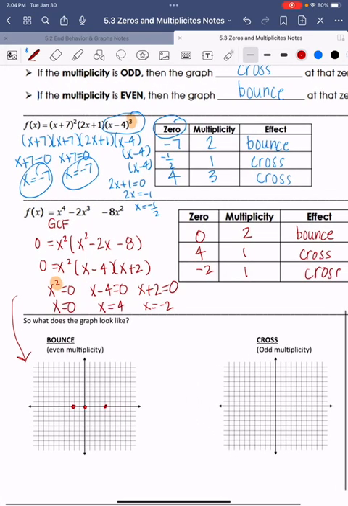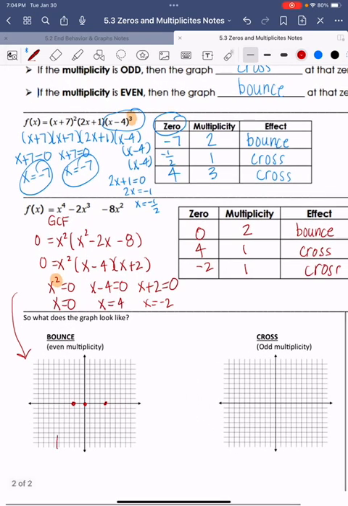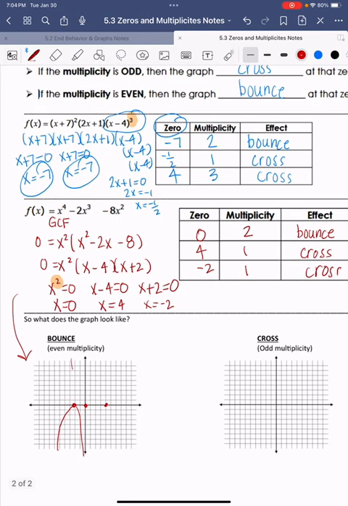You're going to either come up from the bottom and hit the graph and bounce right off it and go back down. Or you can come down from the top, hit the 0, and bounce back off. So that's what bouncing looks like. You come up, boing, and go back down.